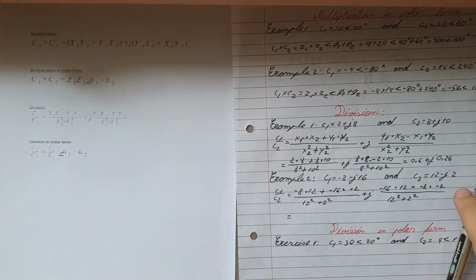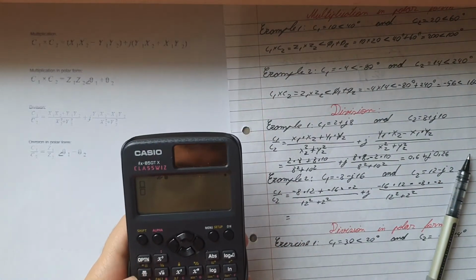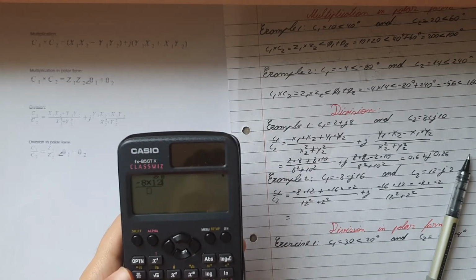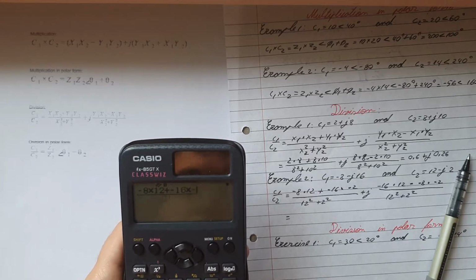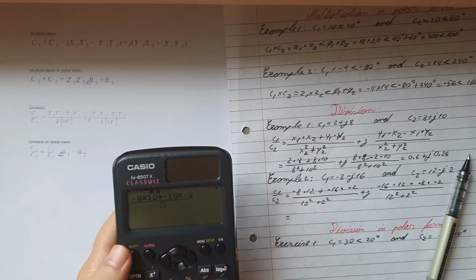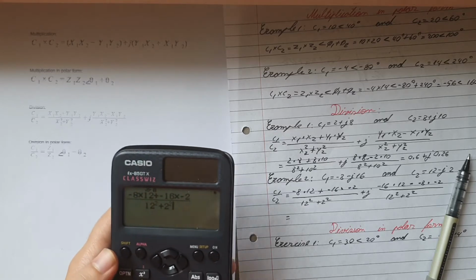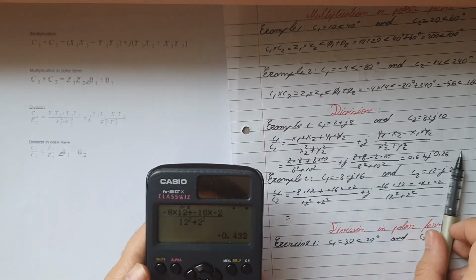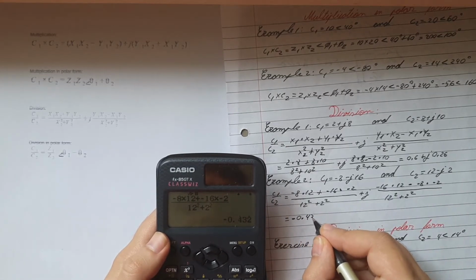Then that will be equal with, so let's say here, minus 8 times 12 plus minus 16 times minus 2 over 12 squared plus 2 squared. That one, it's minus, okay, so it'll be minus 0.43.